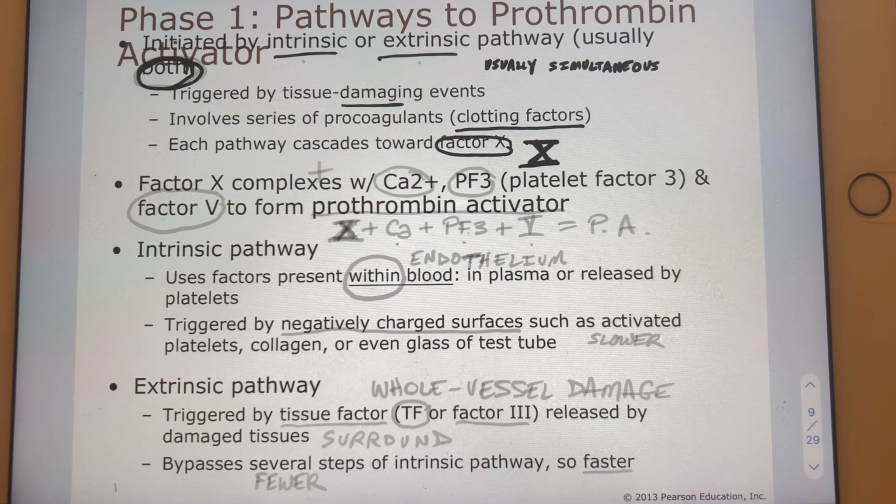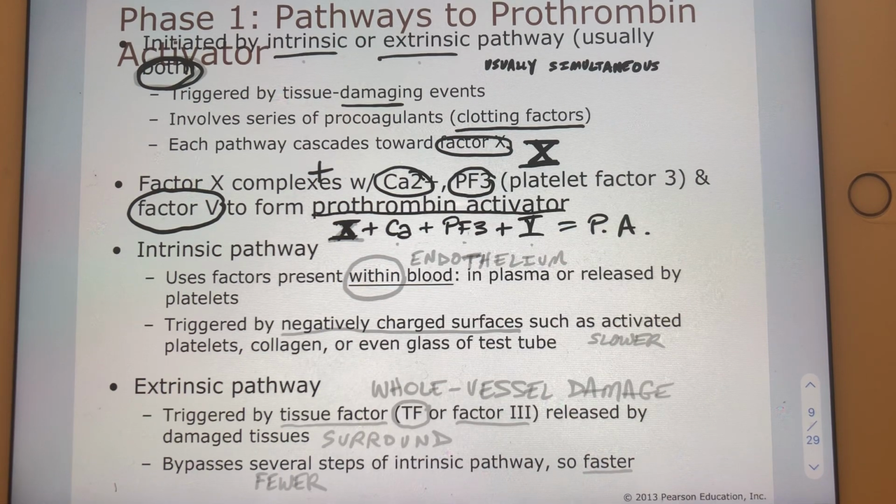Clotting factor 10 will then complex with calcium, platelet factor 3, which is not the same thing as clotting factor 3, and clotting factor 5. Those four things together, 10 plus calcium plus platelet factor 3 plus clotting factor 5, equal prothrombin activator.